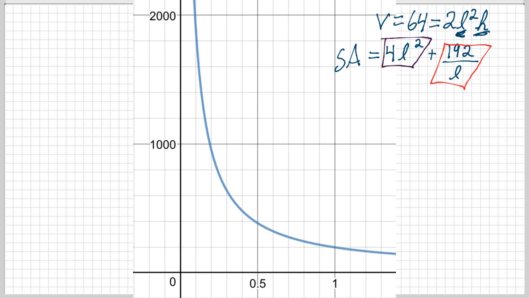So in both of these cases, as L goes to 0 and as L goes to infinity, the surface area also goes to infinity.